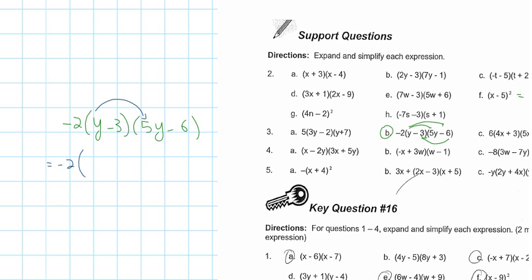Y times 5y is 5y squared. Okay? Then y times negative 6, negative 6y. Then I have the negative 3 times the 5y.